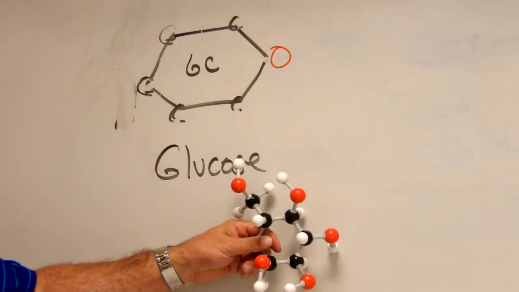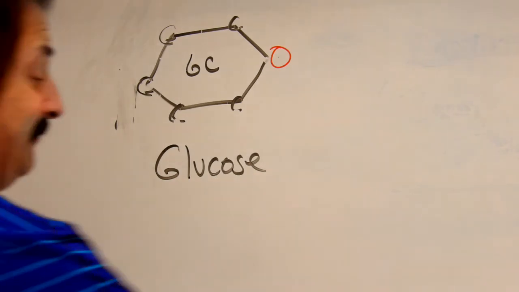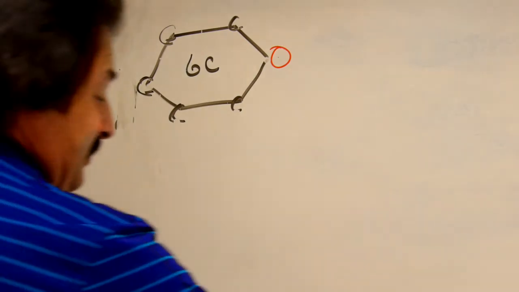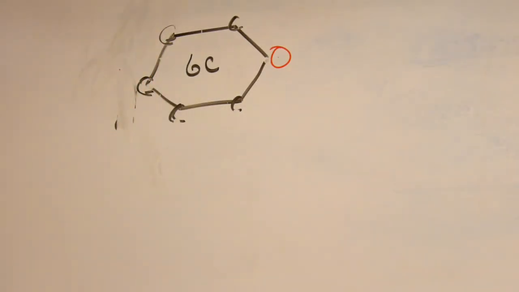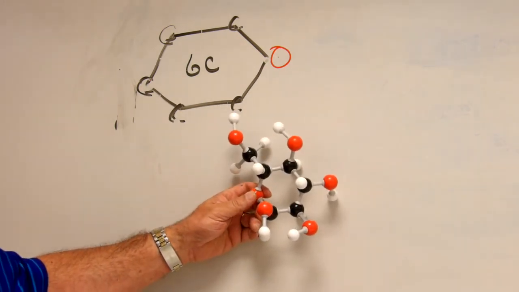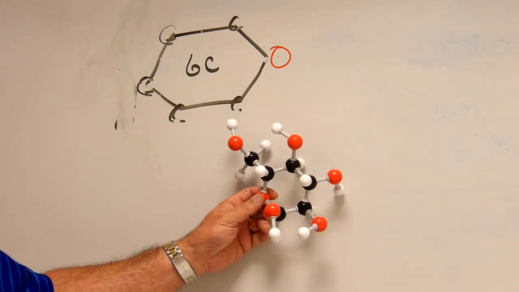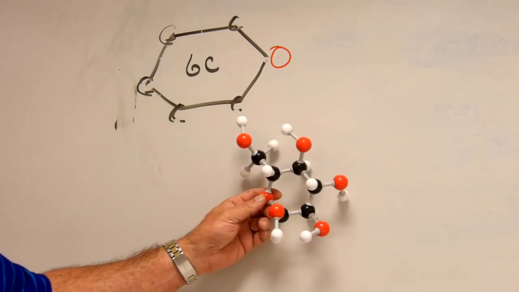You look at this and you go, hey, that's a glucose. But the word glucose is not one of the multiple choices. Well, you're thinking, what's up with that? It's a glucose molecule. I can see the face, the 6-carbon ring with one lousy oxygen sitting there.